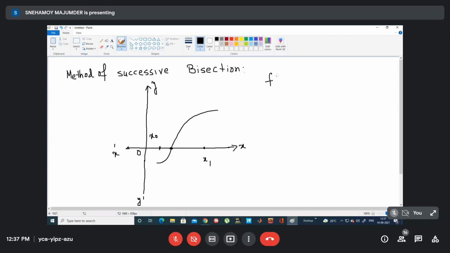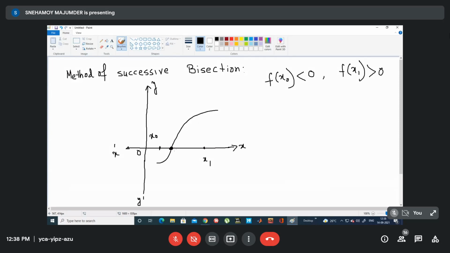So if x0 is negative and if x1 is positive, which means there is a solution in between these 2 points. So we have to find exactly where the curve cuts the x-axis.